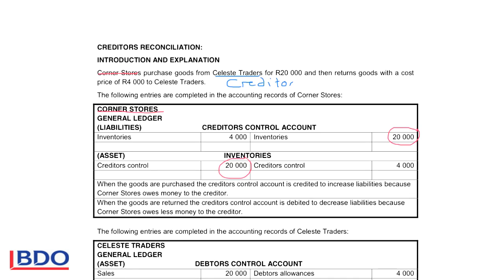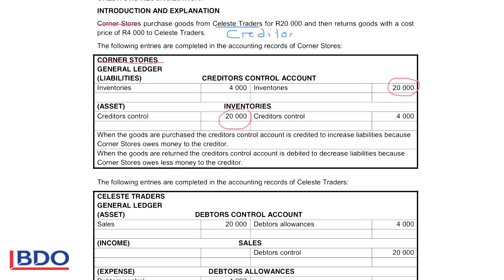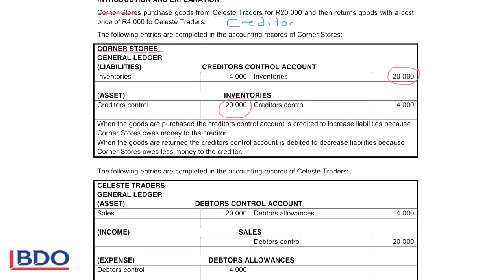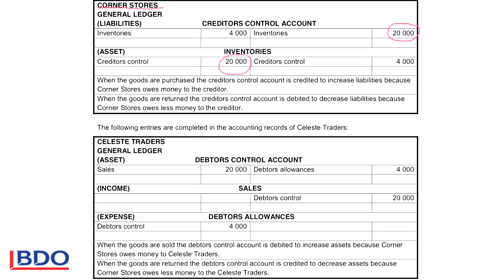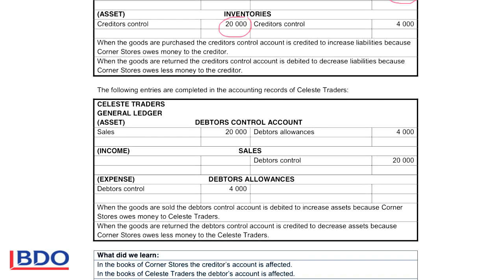If we go to the books of Celeste Traders and we record that same entry, there's a difference now, because in the books of Celeste Traders, we are their debtors because we owe the money to them. So when we do the books of Celeste Traders, you must think of it as a debtor and not as a creditor.